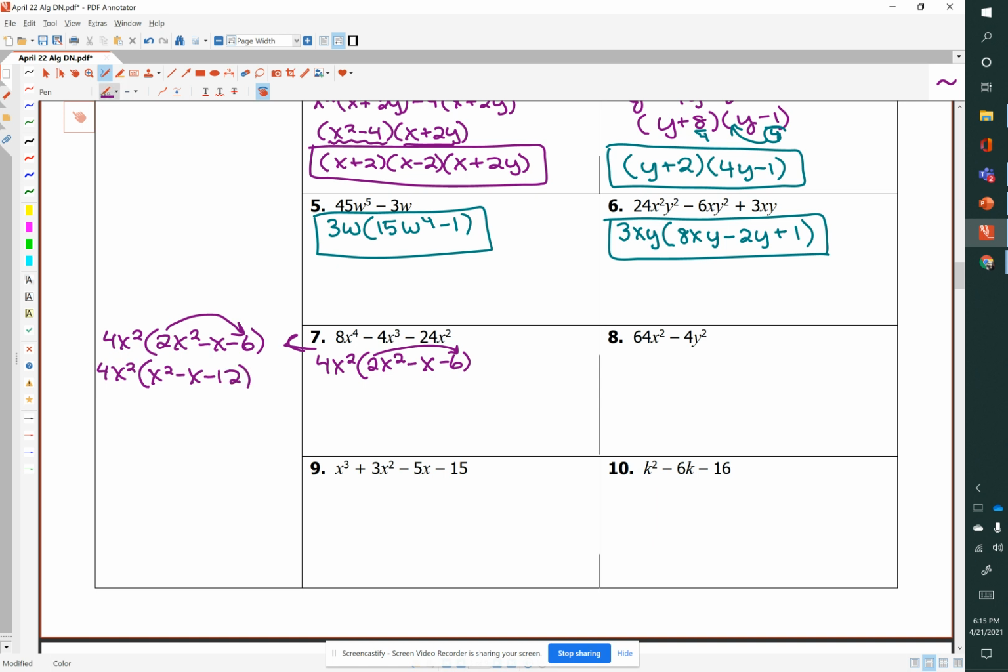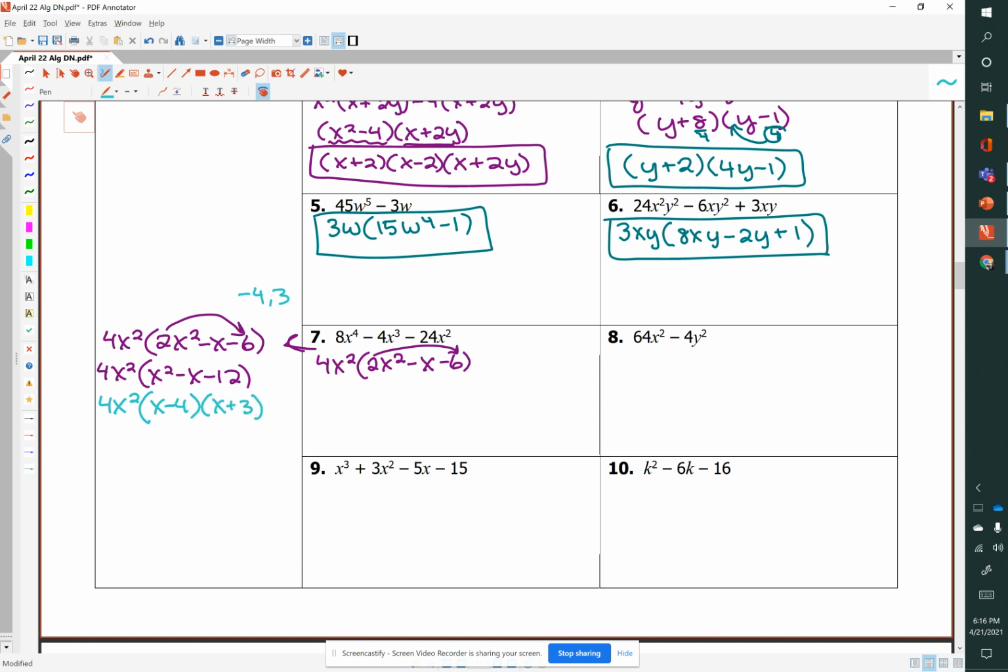And now we need two numbers that add to negative 1 and multiply to negative 12. So it's going to be a positive and a negative. So negative 4 and positive 3 will work for us. So let's go ahead and continue our work with x minus 4, x plus 3.